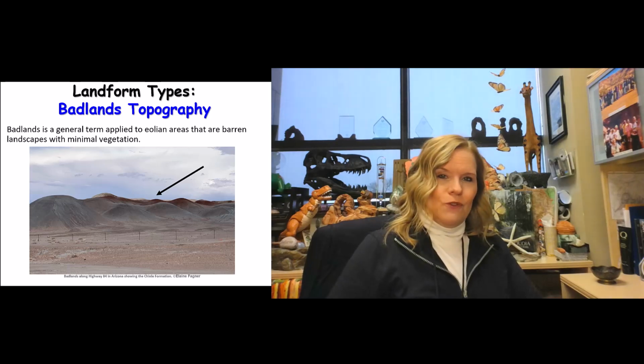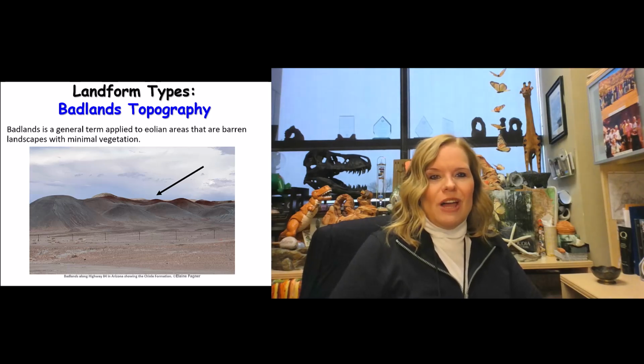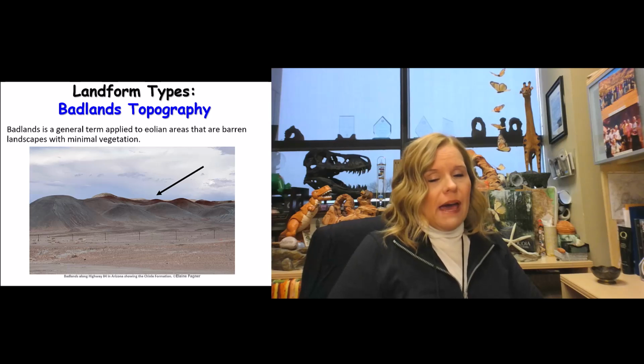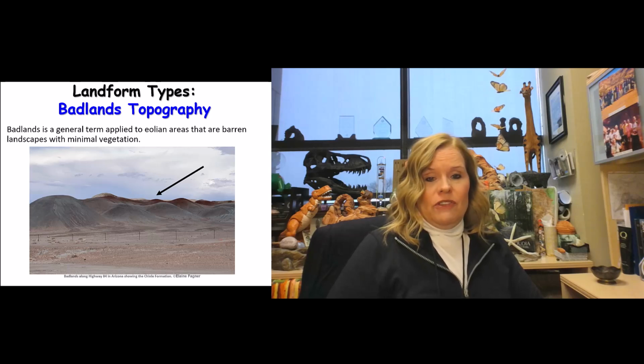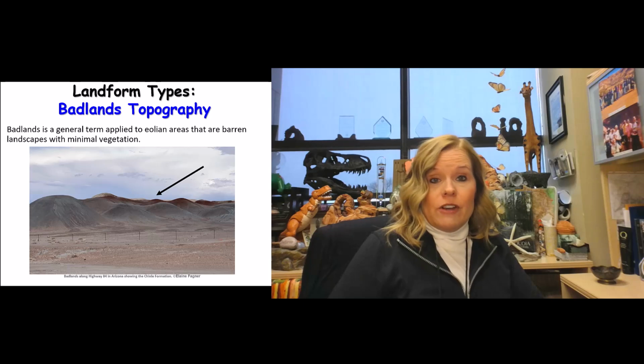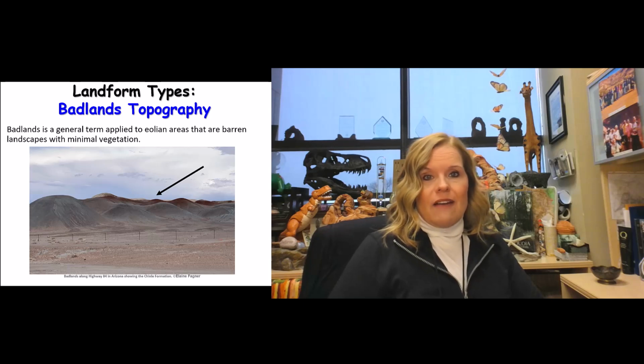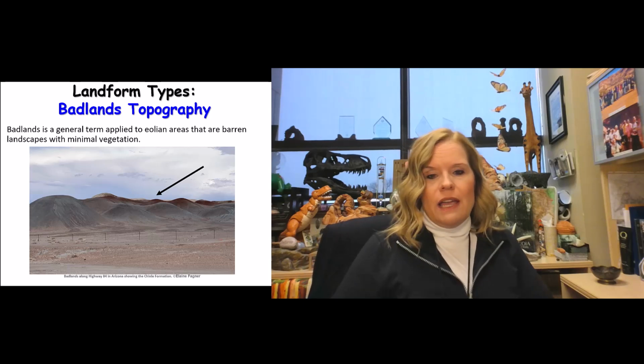Another type of landform that you will see, especially if you travel out west, is something called Badlands topography. There is a place called Badlands National Park, and that's in South Dakota. But this place that you're looking at is actually in the middle of Arizona, in between Flagstaff and the turnoff to the south rim of the Grand Canyon.